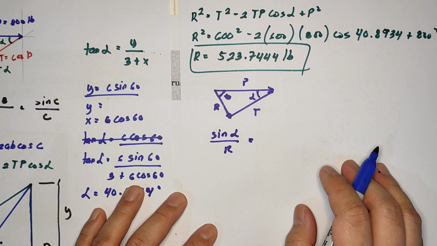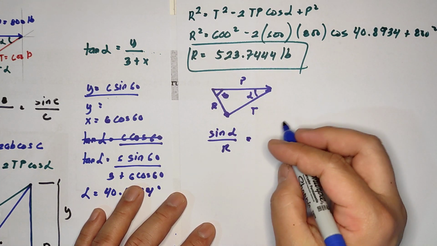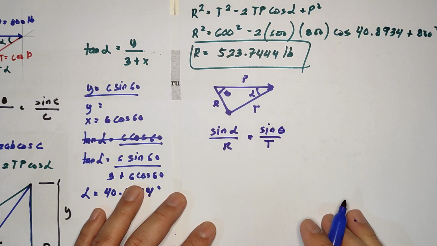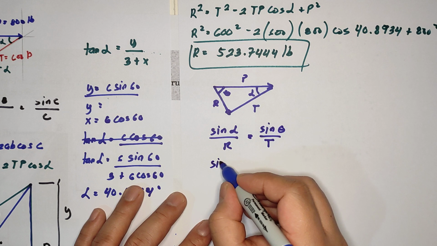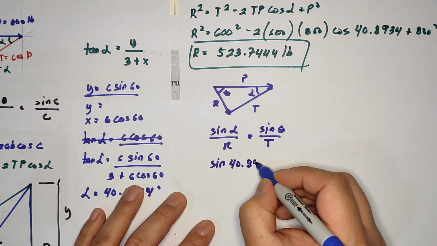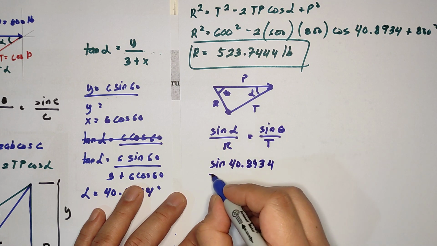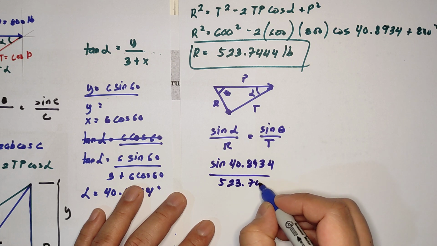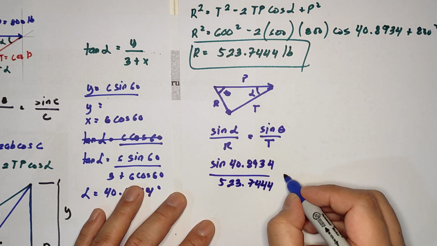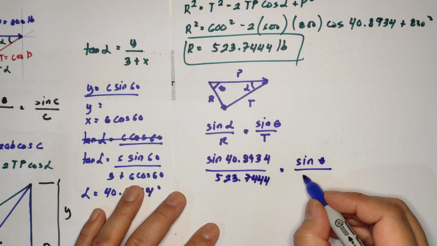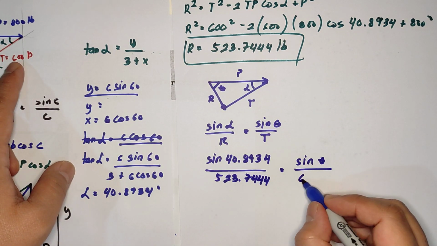equals sine theta over t. Sine alpha is 40.8934. R is 523.7444 equals sine theta, that is the unknown, over t, and the t value is 600.